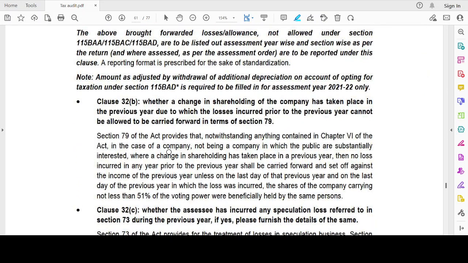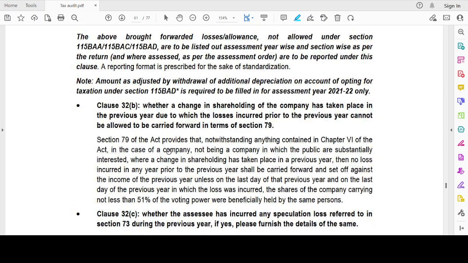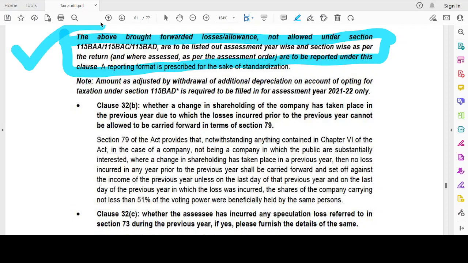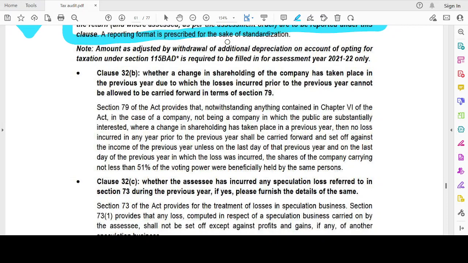Now, but those not allowed under section 115BA, BAC, BAD are to be listed out assessment year wise, and section wise as per return are to be reported under this clause. Because these brought forward losses are not allowed under those sections, they are to be reported here. Amount adjusted as withdrawal by way of additional depreciation on account of opting for 115BAD is required to be filled in assessment year 21-22 only.